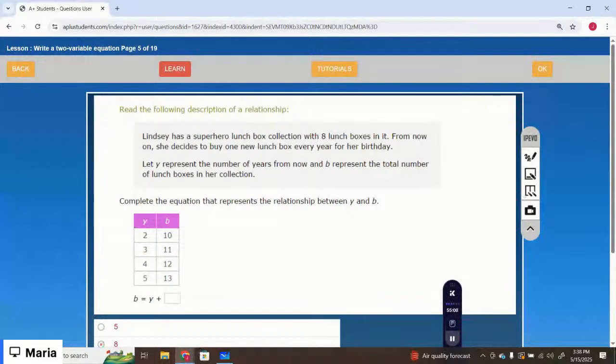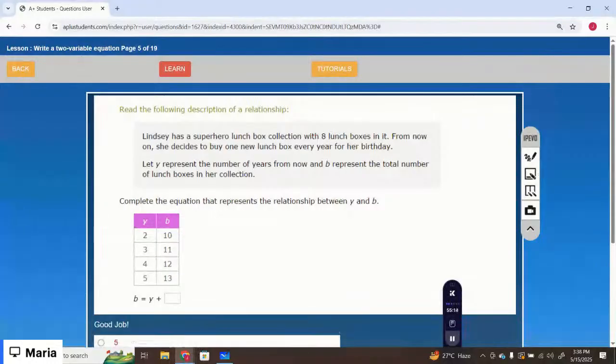Option number 2 is the correct option. 8 it is.